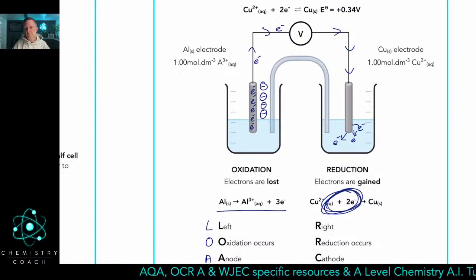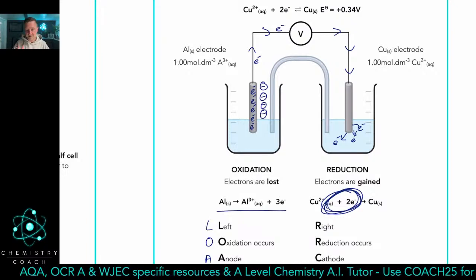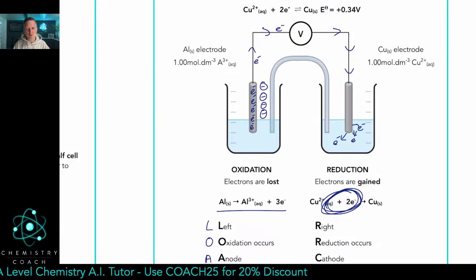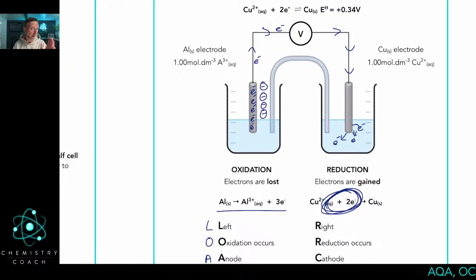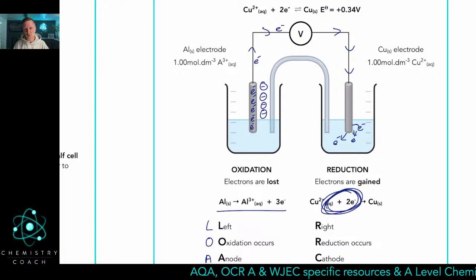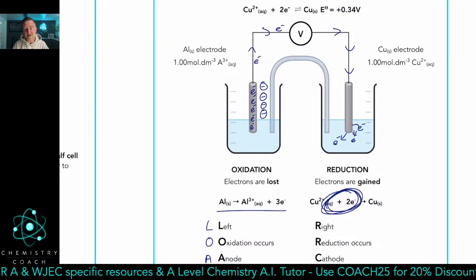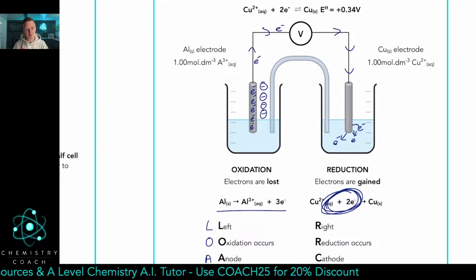So that's why, because our standard is that the left is oxidation, it's the anode, it's negative. That's why whenever you hook up any two cells, other than the standard hydrogen electrode, which is always on the left regardless of what happens, the cell where oxidation is taking place is always on the left, reduction on the right.